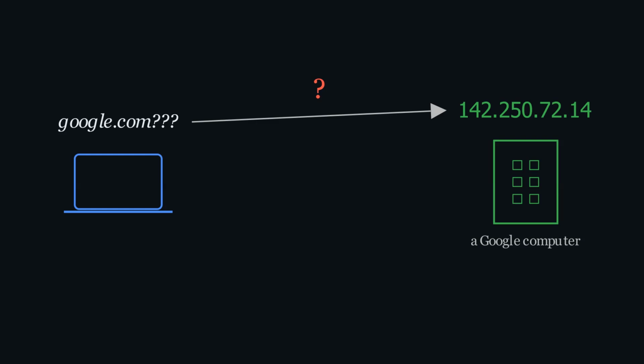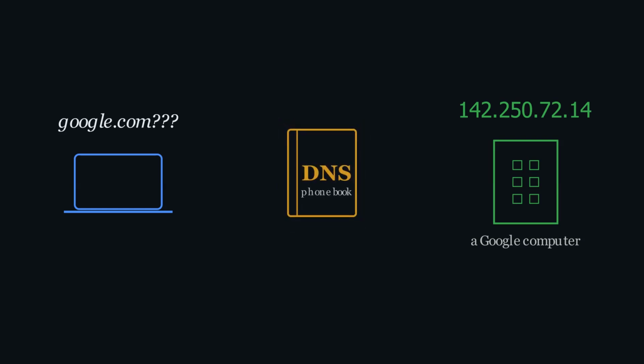It's called DNS, the domain name system. Your computer asks the phone book, hey, what's the number for google.com? And the phone book answers 142.250.72.14.